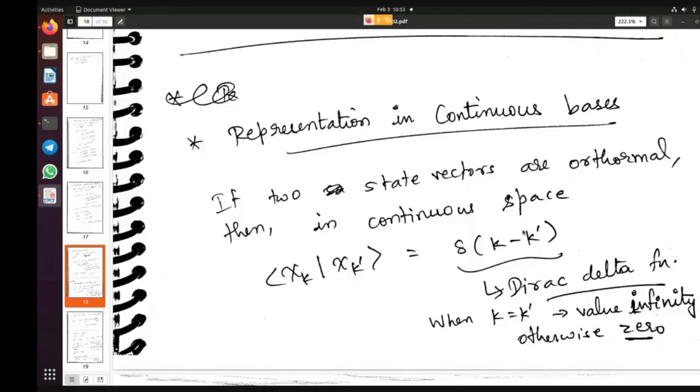When k is equal to k dash, the value is infinity, but otherwise it is 0. So when k is different from k dash, these wave vectors will be orthogonal. If they are orthonormal wave vectors, this is how you represent it. So delta nm is in the discrete space, but in the continuous space, it becomes the Dirac delta function, which is delta of k minus k dash.